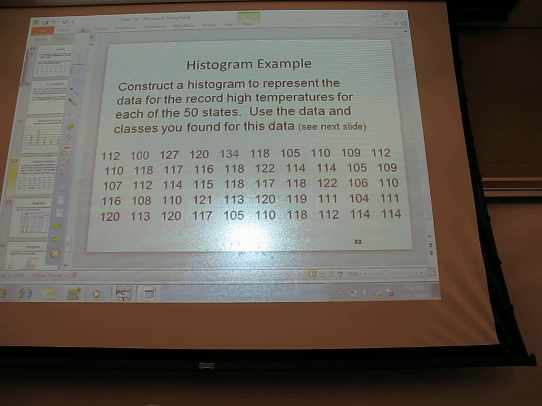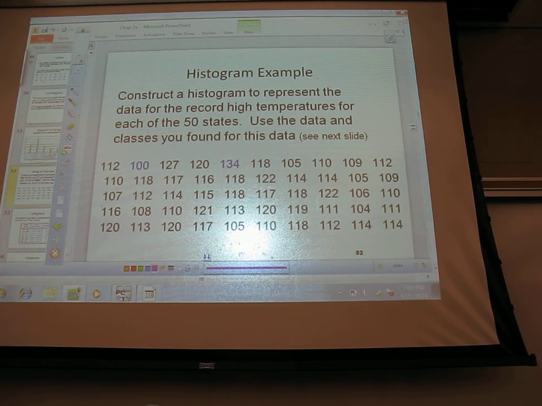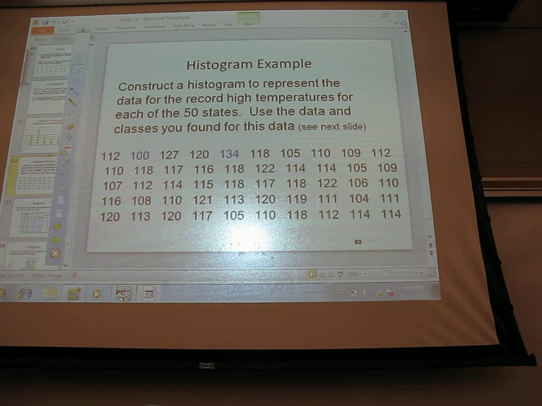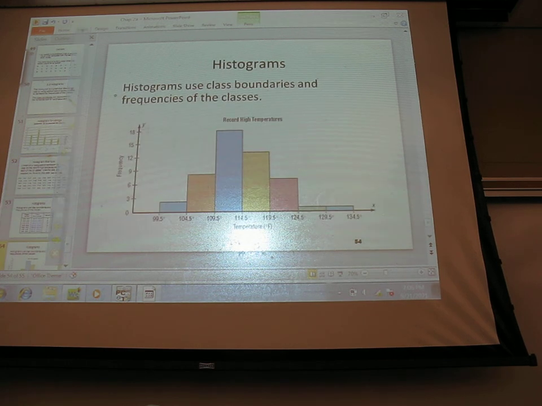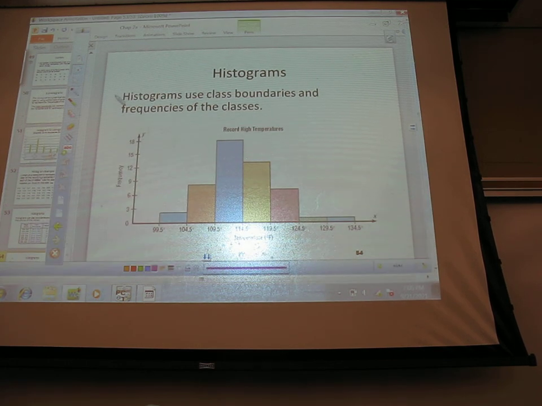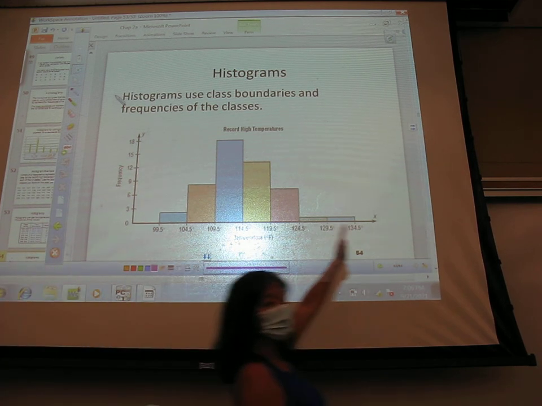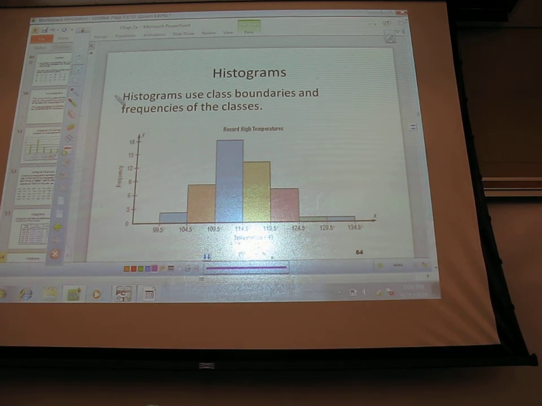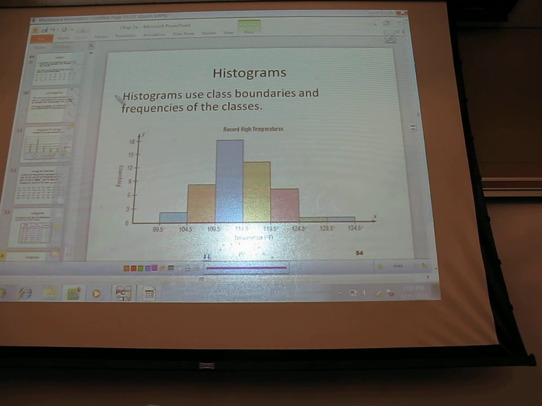Here's my example. This is my one from my example earlier. If we look at this, this is how it would go. And you'll see here are the boundaries along the bottom. So this class here is 100 degrees to 104 degrees.